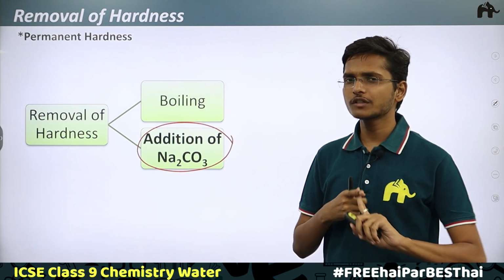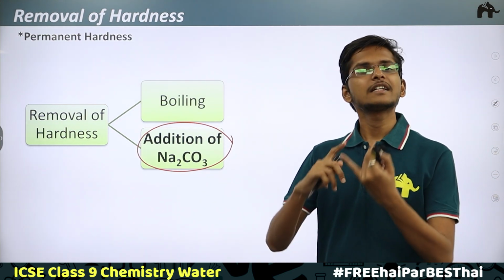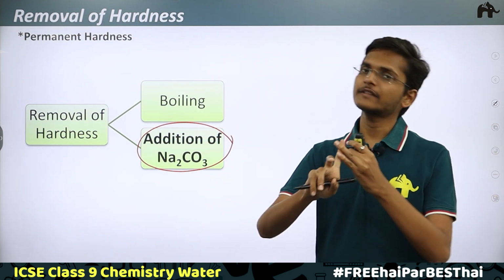Now let's see our second method, how we can use it to remove the permanent hardness of water. Permanent hardness of water would be because of the remaining 4 salts, that is, chlorides and sulfates of calcium or magnesium.